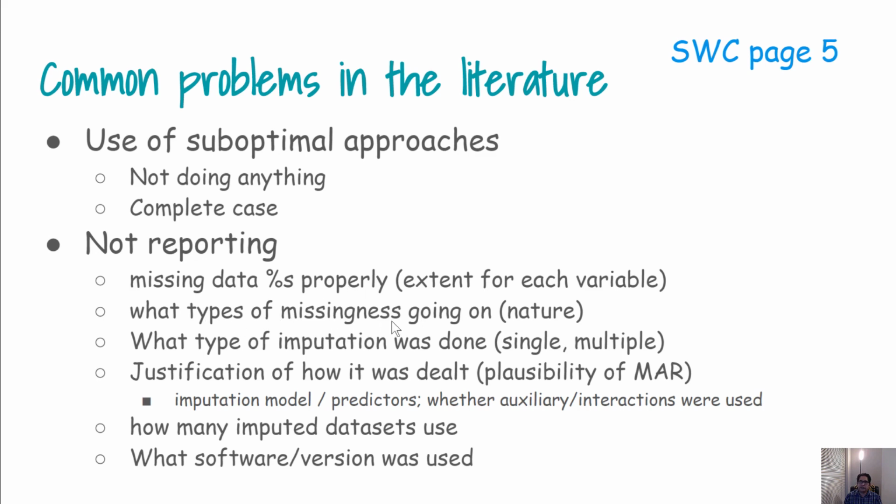They do not really discuss what type of missingness is going on. They just do an imputation maybe, but often do not explain why it is justified to do an imputation in their dataset. Also, often they say that they have done some imputation, but they do not mention whether this is single imputation or multiple imputation.